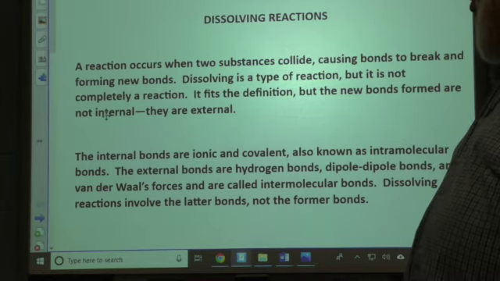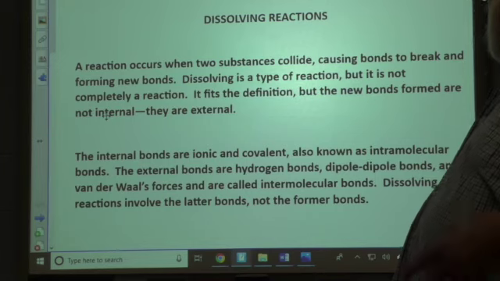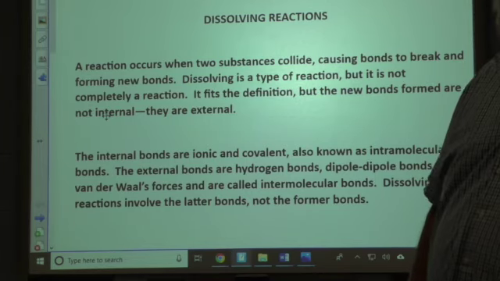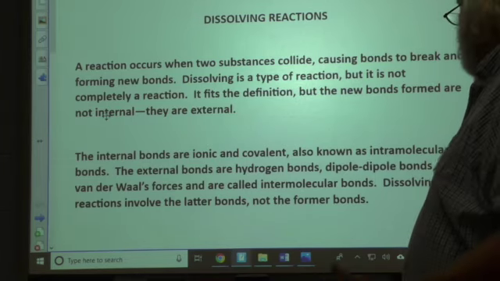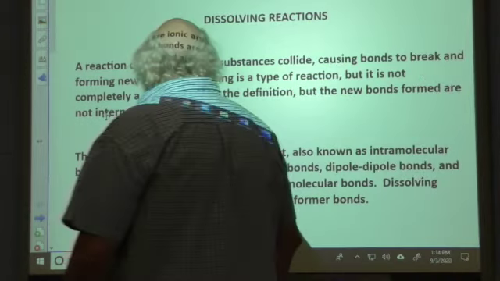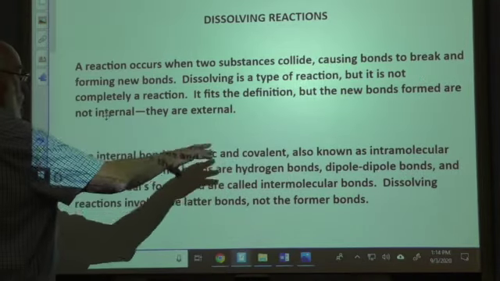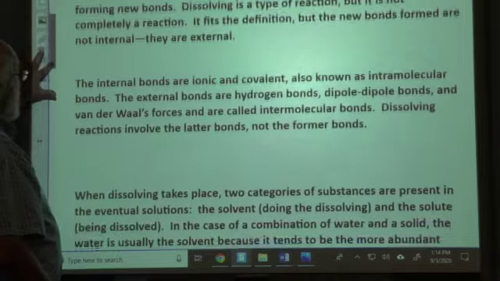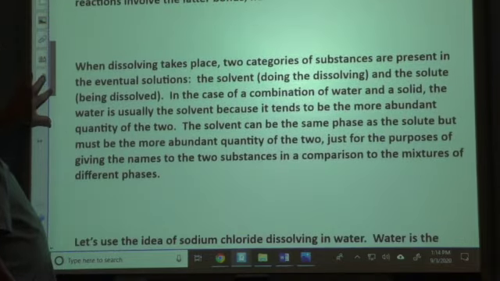Dissolving reactions involve the latter bonds, the intermolecular bonds, not the former, the intramolecular bonds. Okay? So we're focusing on what kind of bonding is going to take place when this dissolving occurs.